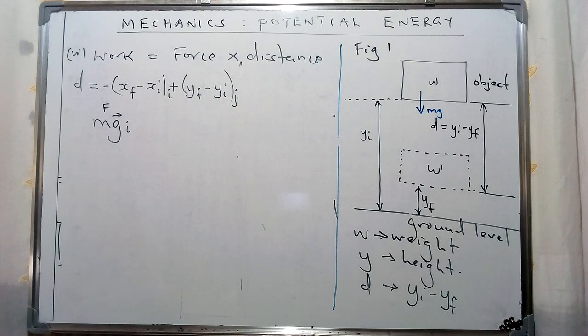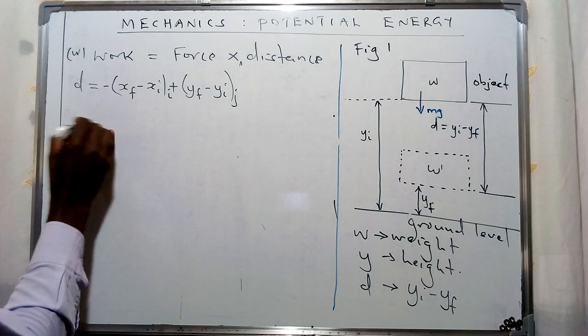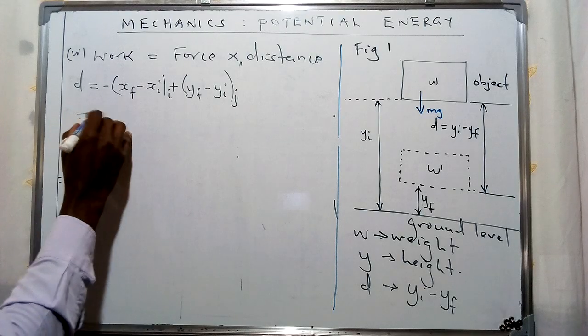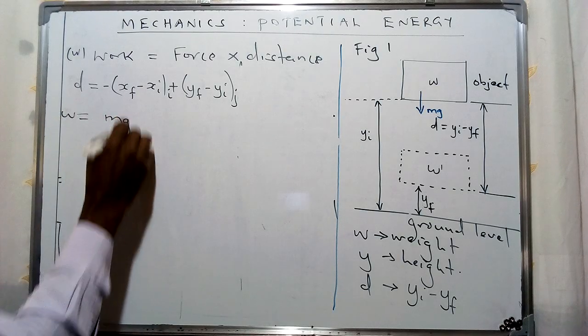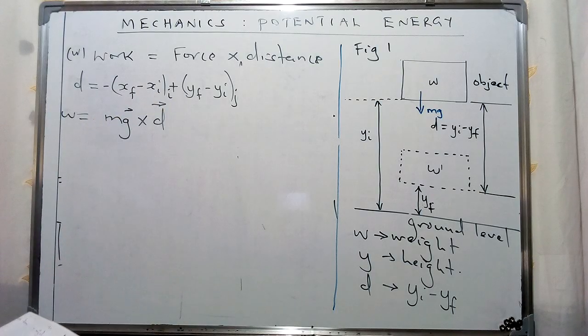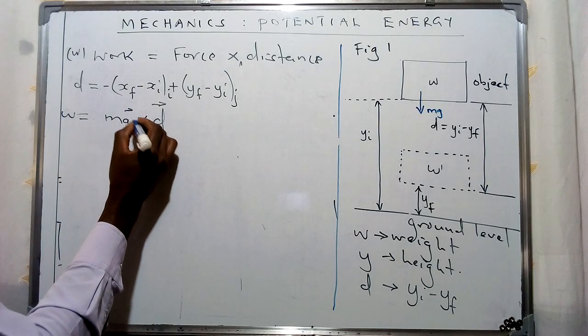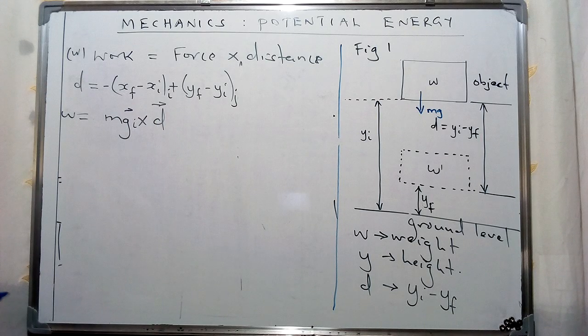So I'm going to give this in terms of a combined equation, whereby we have the work done equivalent to mg times d. Then in this case, we are going to do a substitution for d, and I've mentioned that g is going to be directed in the y direction.